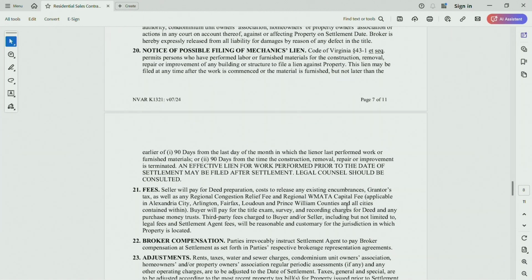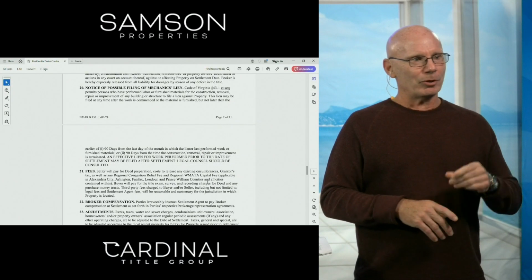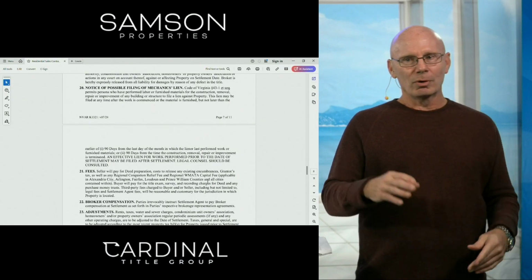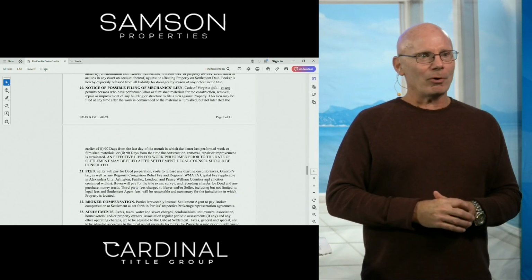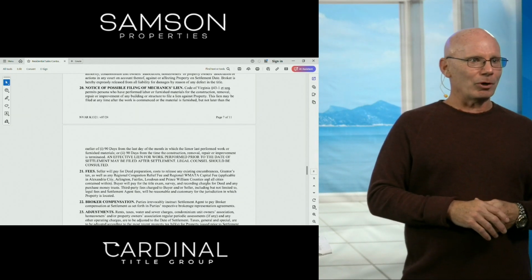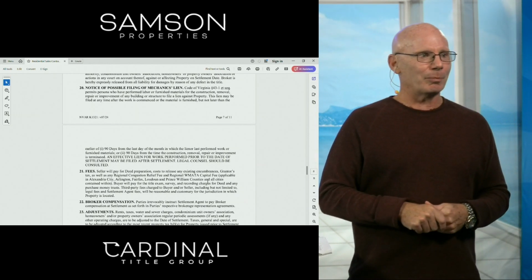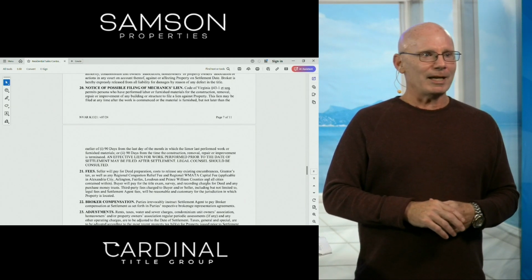So say they finished the work the day before they put the property on the market, you ratified shortly after that, and you're going to settlement in 30 days or less. Guess what? That's well within the 90-day time period that someone could file a mechanics lien on the property, and that's going to be filed directly on the property, whoever owns it. They don't care who owns it. They're going to file that mechanics lien on the property for whatever that debt is.